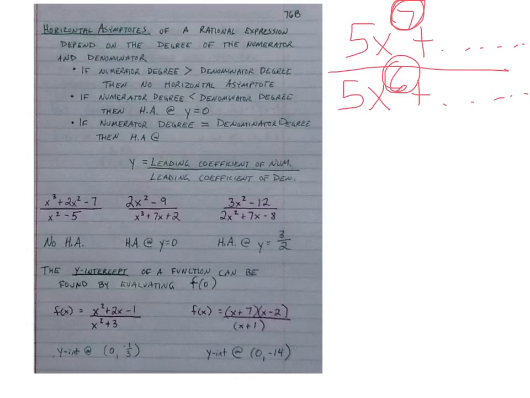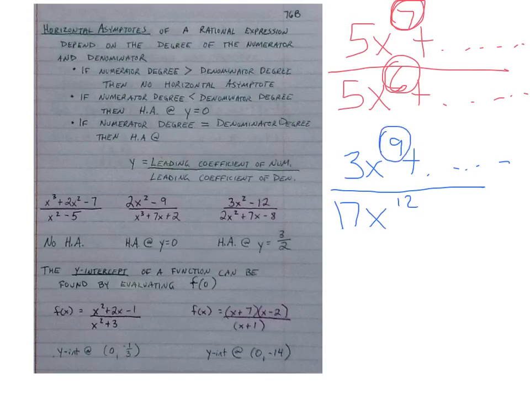If the degree in the numerator is less, we'll say 3x to the 9th plus and so on over 17x to the 12th, notice the degree in the numerator is less than the degree in the denominator. Then we get a horizontal asymptote at y equals 0.